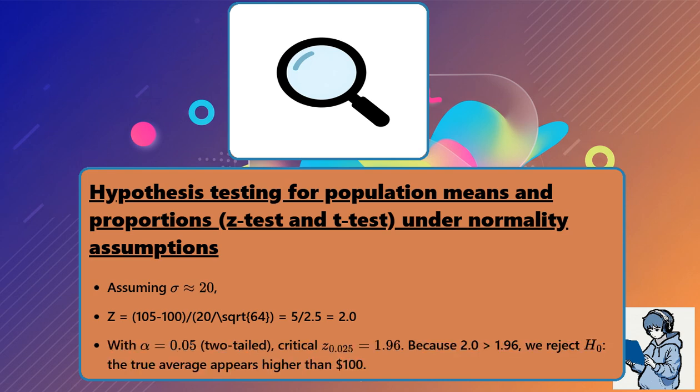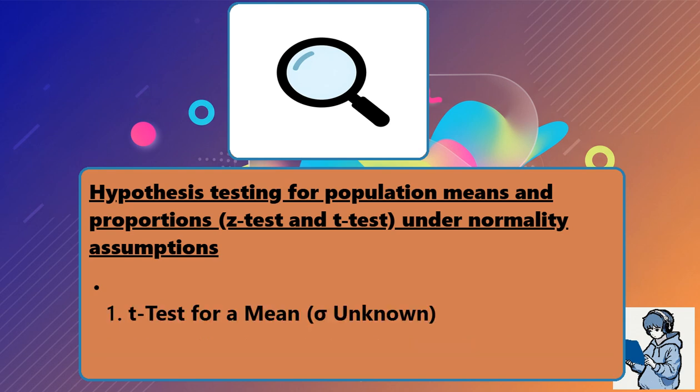With alpha equals 0.05, two-tailed critical Z sub 0.025 equals 1.96. Because 2.0 is greater than 1.96, we reject H0. The true average appears higher than $100.